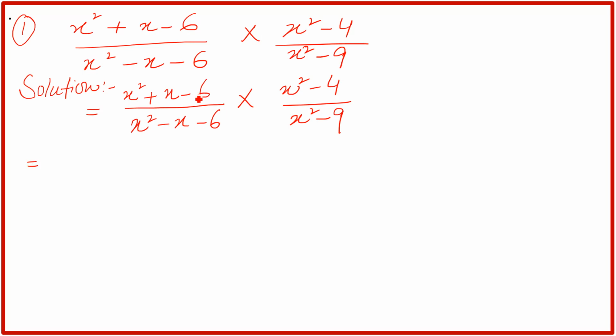First of all, we have to make the factorization of the numerator. Can we take anything common? Right, the first step. Second step is, can we take the square of the first and last?